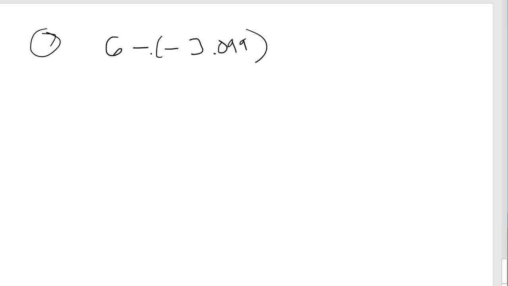So 6 minus a negative 3.099 would be 6 plus a positive 3.099. So now we add these together, 6.0 and 3.099, and that would give us 9.099. Okay, so those are some examples for the decimals.